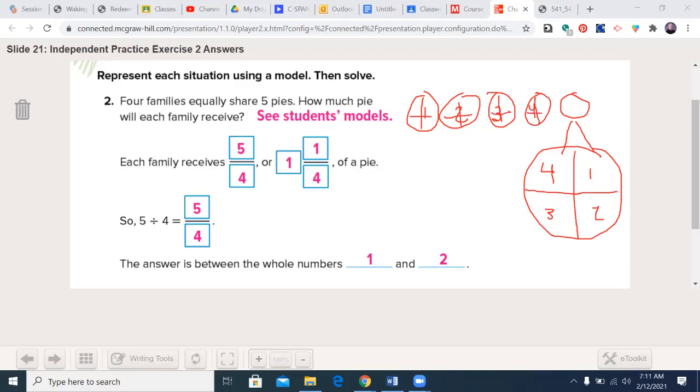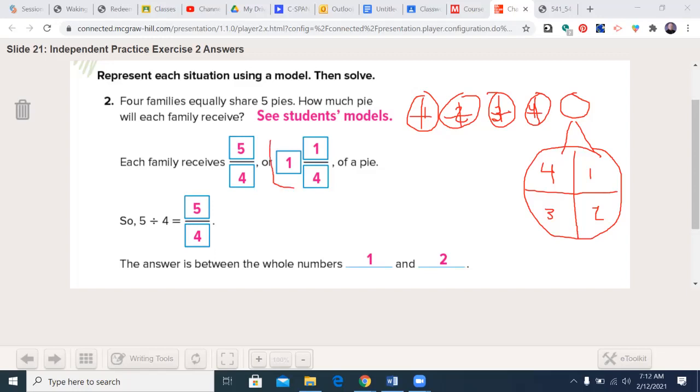So each whole one represents 4/4, because if the top and bottom number, or the numerator and denominator, are the same, it represents 1, plus one other piece. So they had the 4 pieces plus the 5th piece. There's your 5/4. And each pie is in 4. And you can look at that as 1 whole and 1/4. So 5 divided by 4 is 5/4.